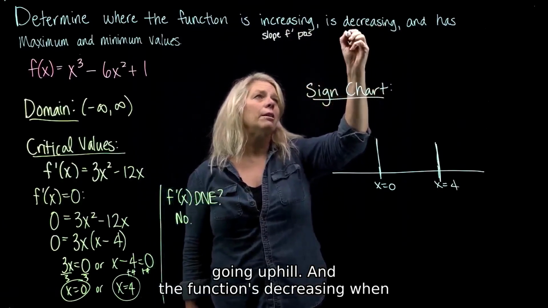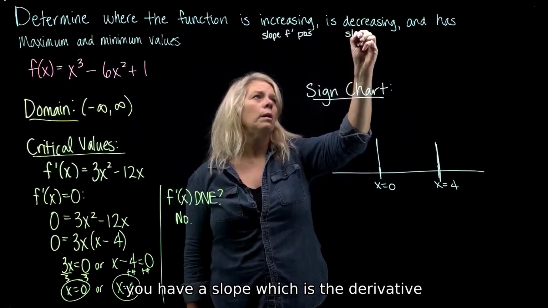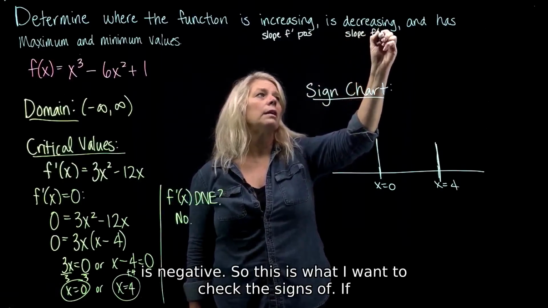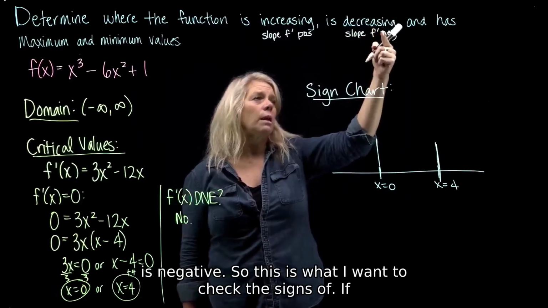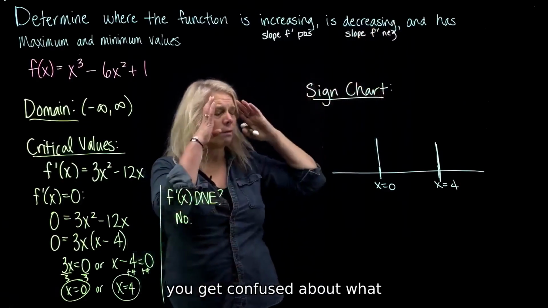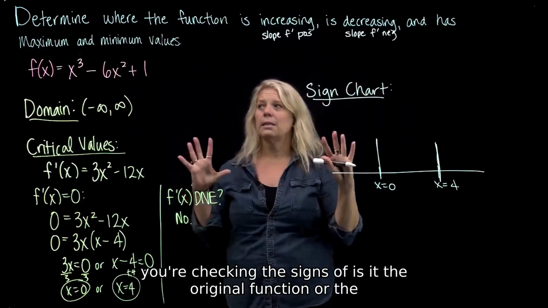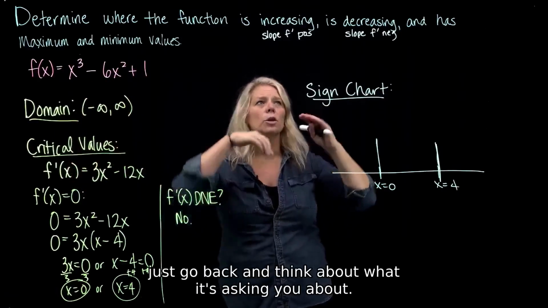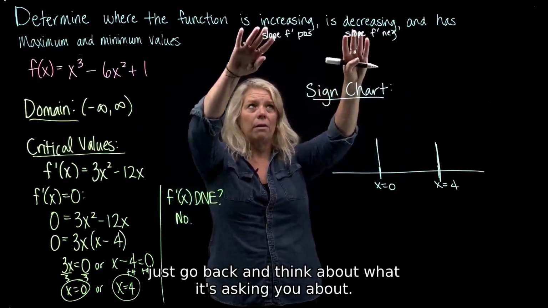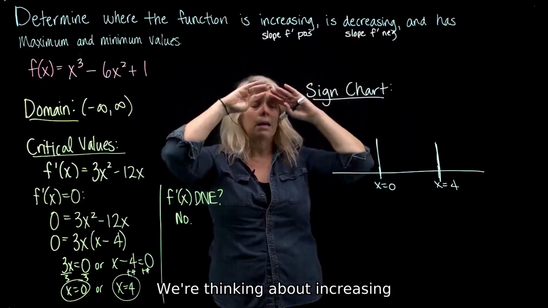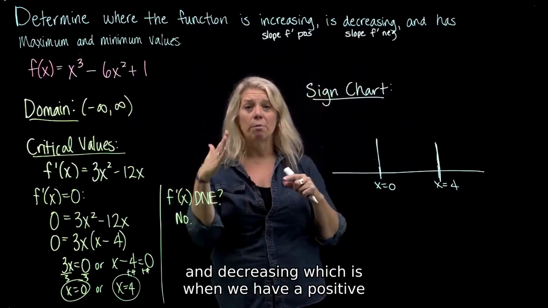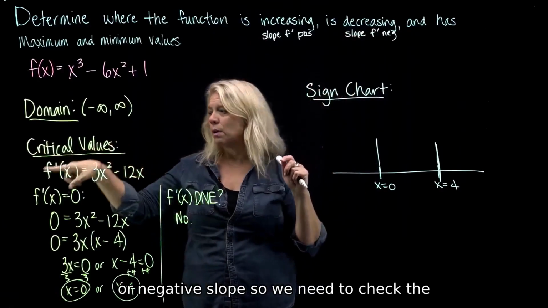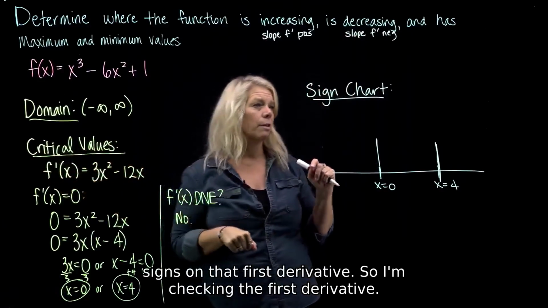And the function's decreasing when the slope, which is the derivative, is negative. So this is what I want to check the signs of. If you get confused about what you're checking the signs of, is it the original function or the derivative or something else, just go back and think about what it's asking you about. We're thinking about increasing and decreasing, which is when we have a positive or negative slope. So we need to check the signs on that first derivative.